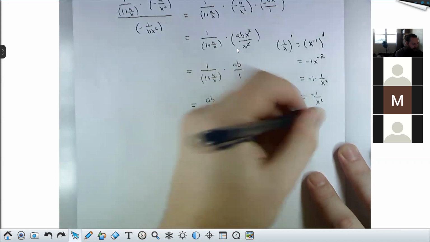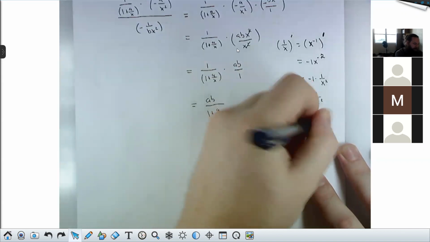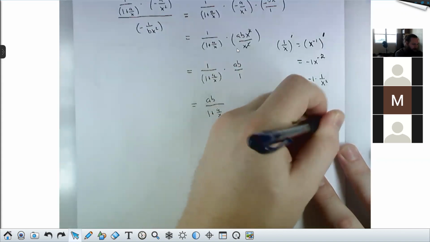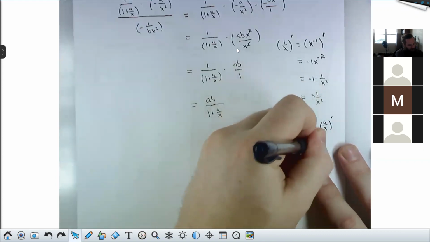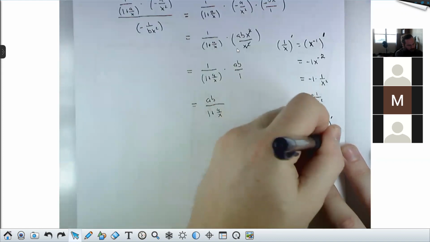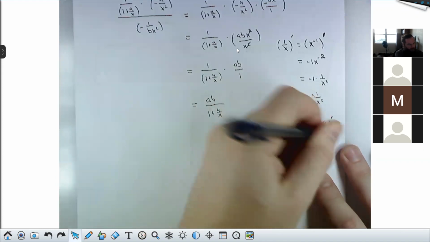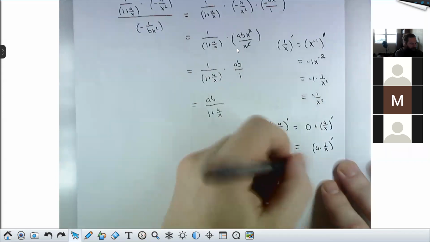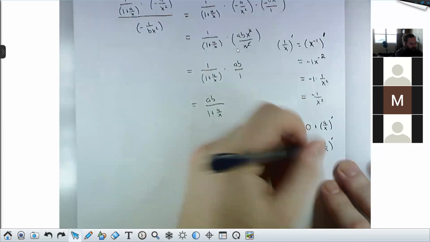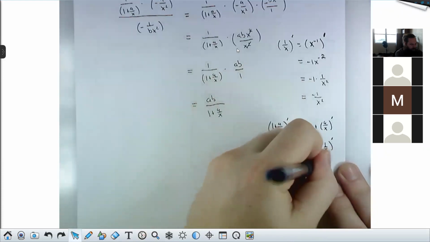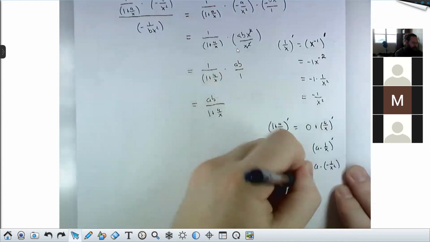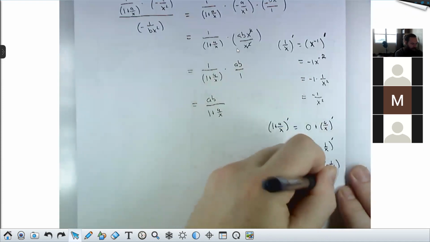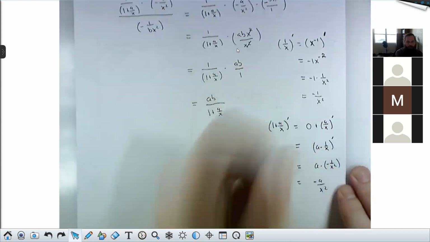So this is the same as 0 plus a over x primed, which is the same as a times 1 over x primed. And the derivative of 1 over x we just saw is negative 1 over x squared. So this is a times negative 1 over x squared, which is negative a over x squared.